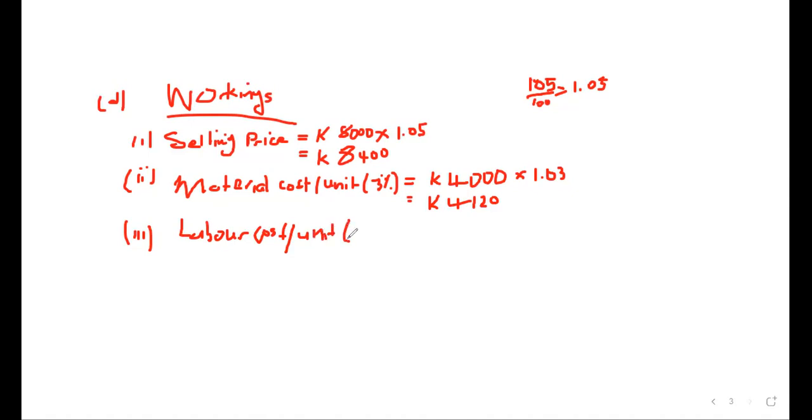We are increasing at how much percentage? We are increasing at 6%. So we are inflating at 6%. Okay, so we go back to the question, we do the same thing. This is also a variable cost, so we apply the same concept.